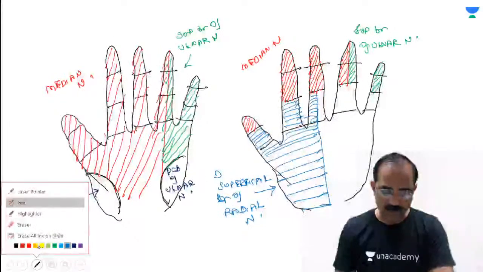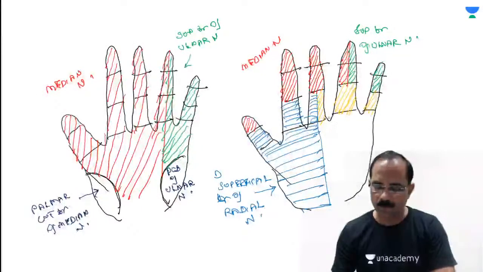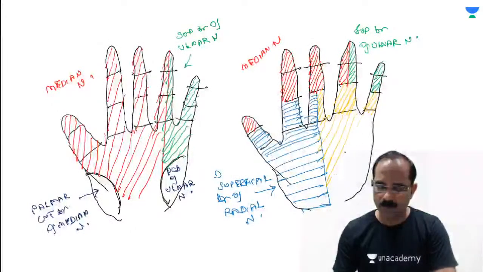What is left for us? What is left is this 2.5. This is supplied by what?